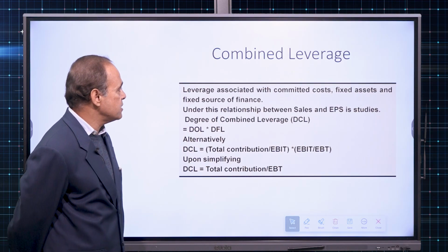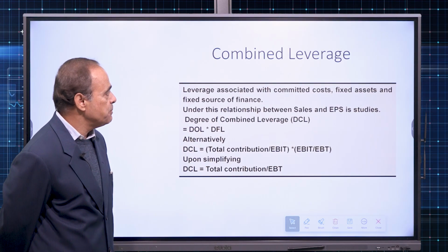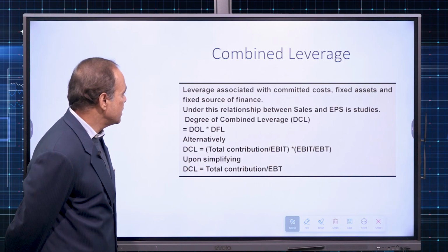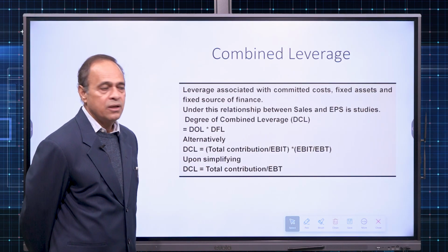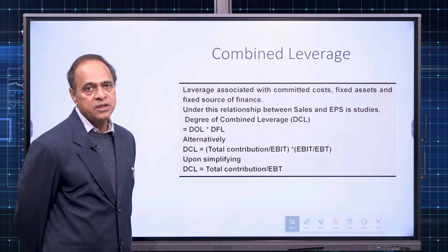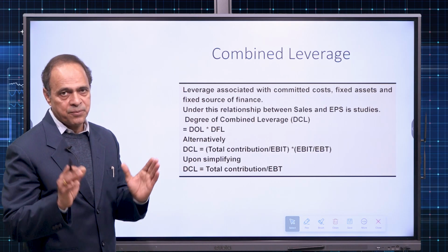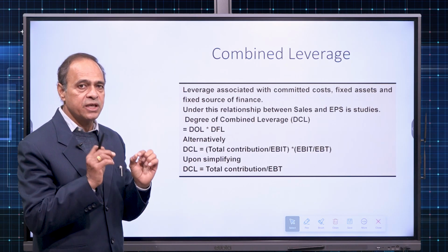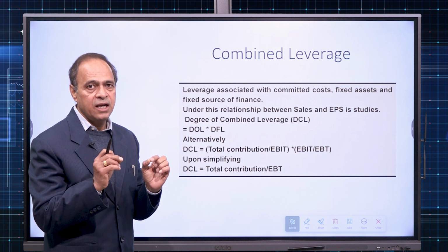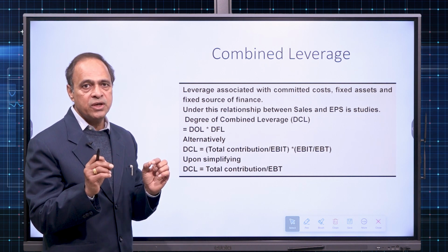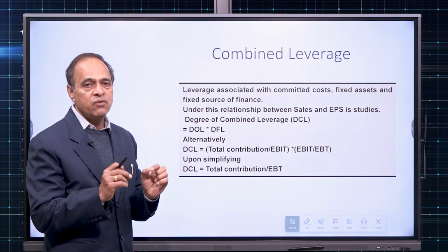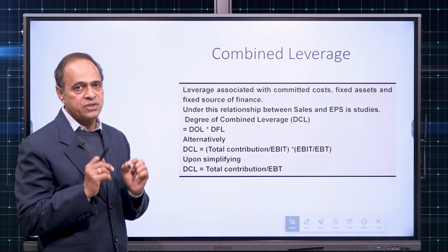Under this, relationship between sales and EPS is studied. So degree of combined leverage will be DOL multiplied with DFL. So for example, at a particular level of sales, DCL or DTL, degree of total leverage or degree of combined leverage, will be unique for each level of sales.